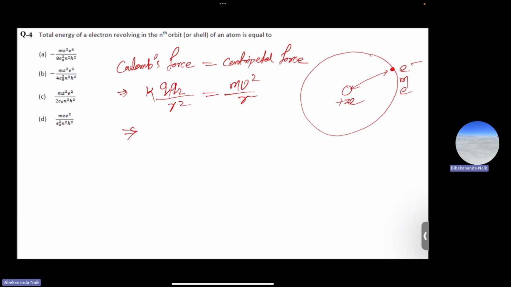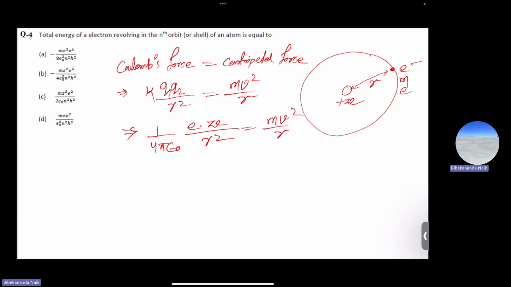So here K, we know K is 1 by 4 pi epsilon 0. So 1 by 4 pi epsilon 0, and Q1 is e, Q2 is Ze. Since we are balancing the two forces, we will take only the magnitude of the forces because they are opposite in direction, so that they are being balanced. So it will be e into Ze divided by r square, where r is the radius of this orbit, which is equal to mv square by r.